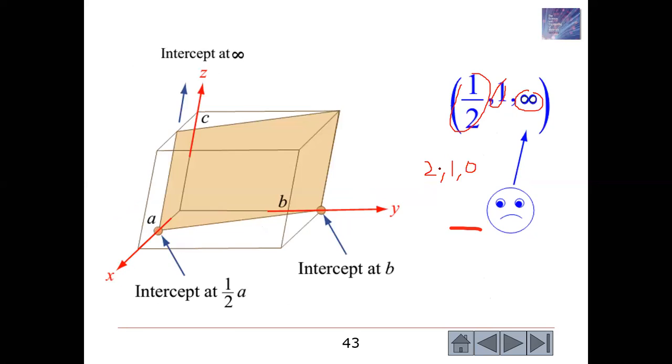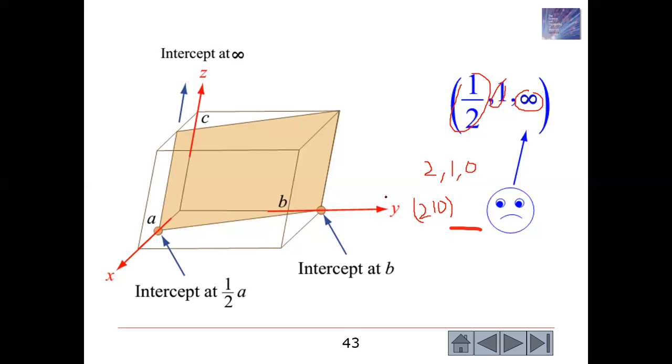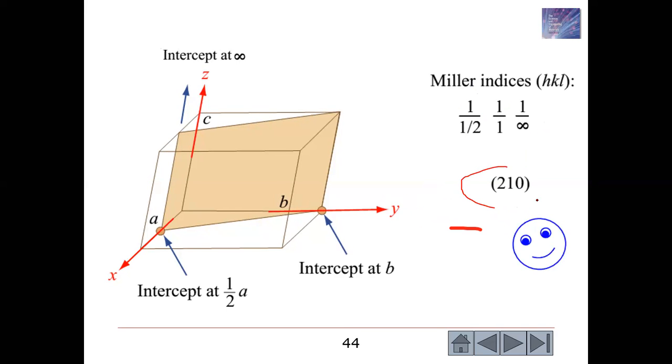So what we are going to do is write these numbers without putting a comma in between and enclose it in parentheses, right? So this is your plane (2 1 0). So this is the 210 plane.